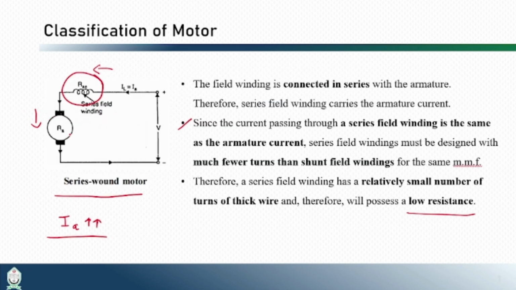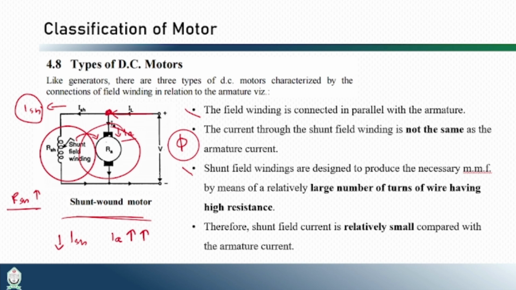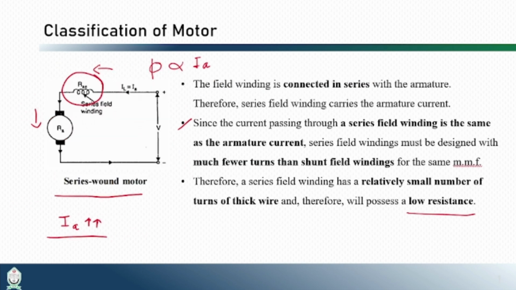And in series wound motor, the series field is connected in series. As the current is varying here, the flux is also varying, so we will consider the flux available here to be proportional to the armature current. What we considered constant in shunt wound motor, we cannot consider the same for series wound motor.